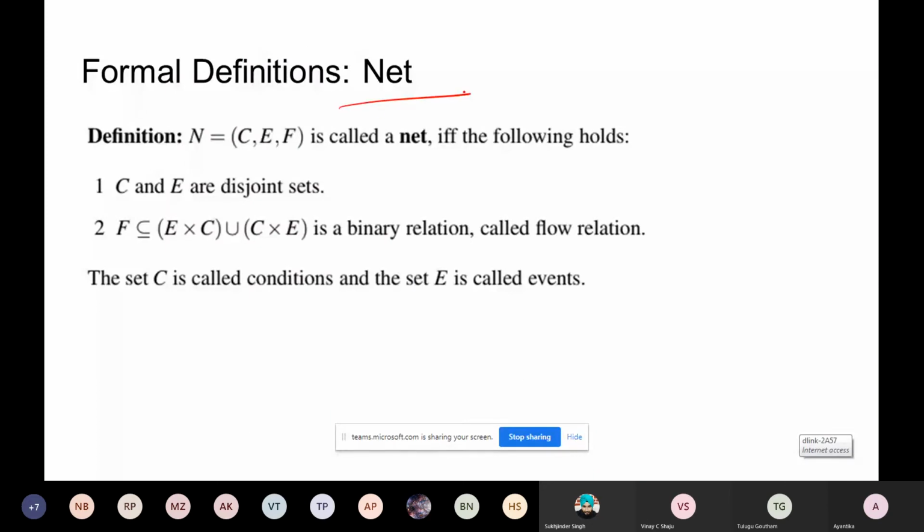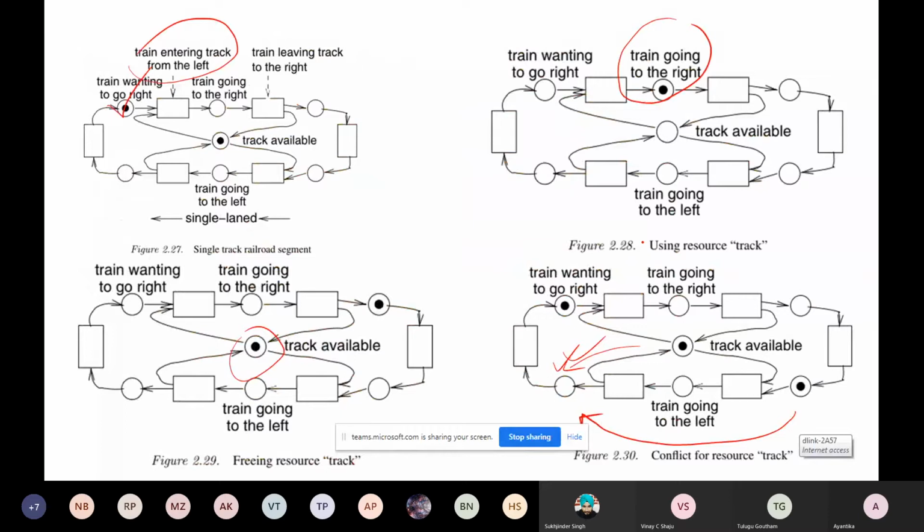So when we are talking about a Petri net, what does this net mean? A net can be defined in this way. N equal to (C, E, F) is called a net if and only if the following holds. What are the conditions? C and E are disjoint sets. Basically C we will term as conditions and E are the events. And F is the flow relation.